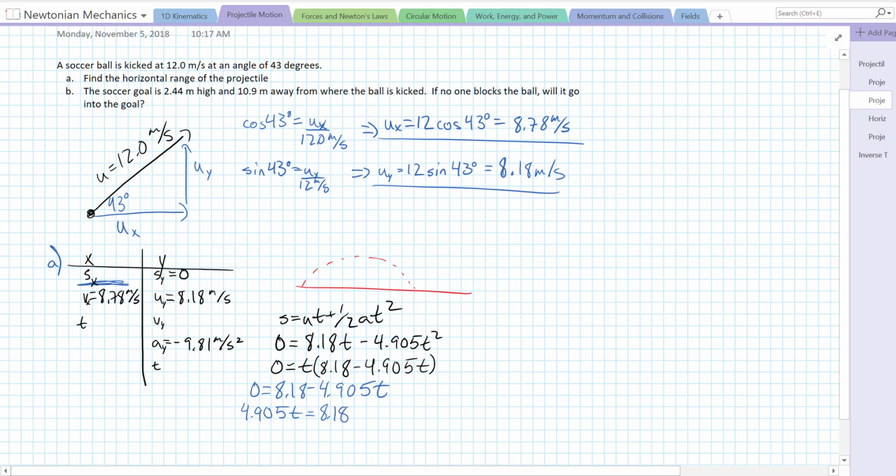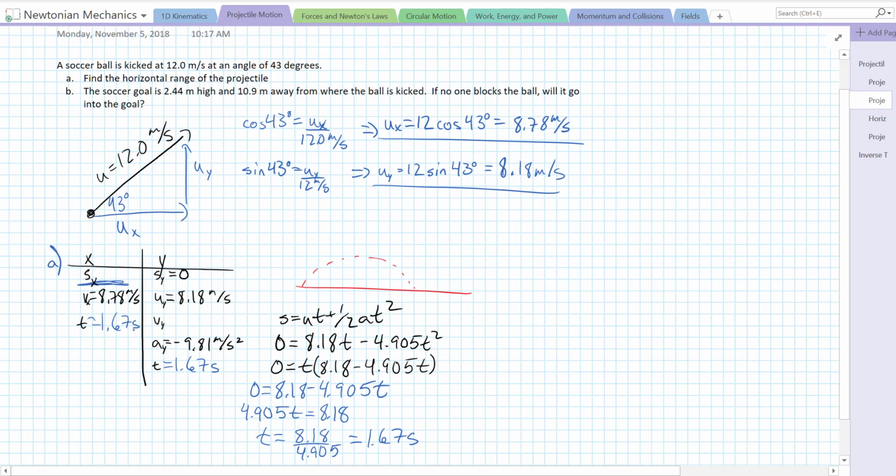Remember that 8.18 is meters per second, 4.905 is meters per second squared. t is then going to be equal to 8.18 over 4.905, which is equal to 1.67 seconds. So I'm going to fill that in my table. 1.67 seconds. That's also the time it takes in the x direction, 1.67 seconds.